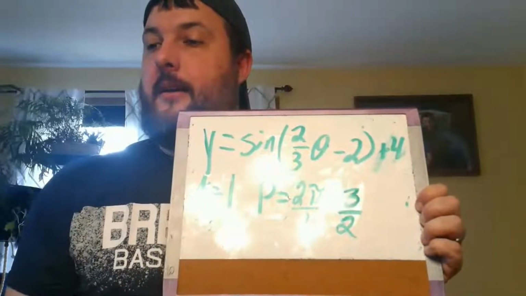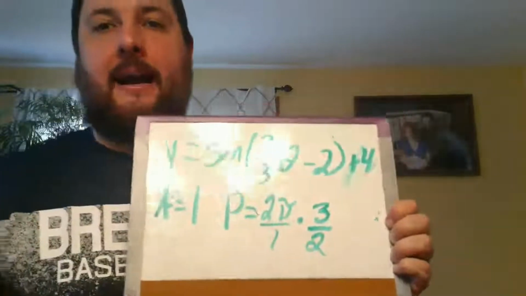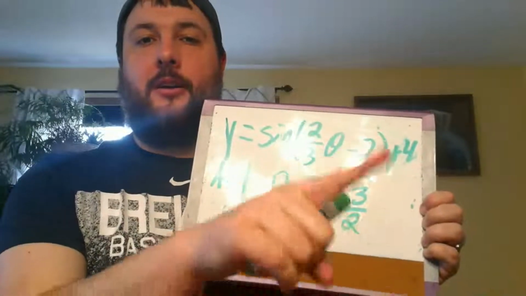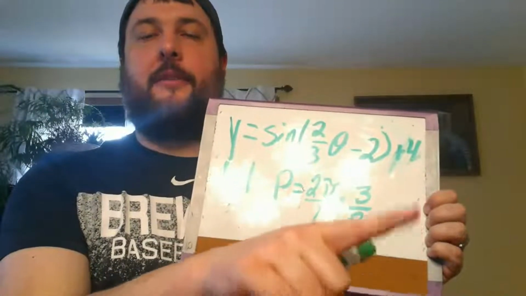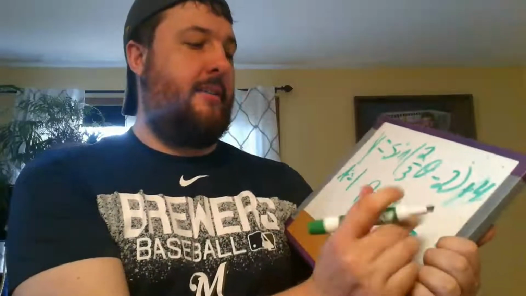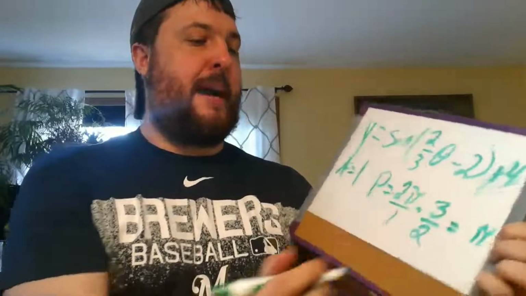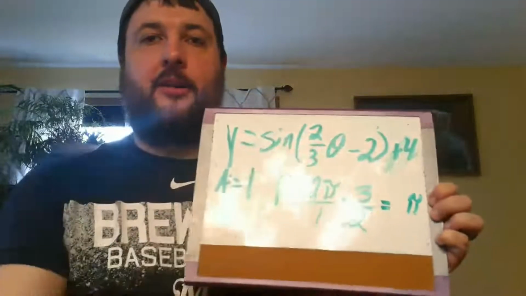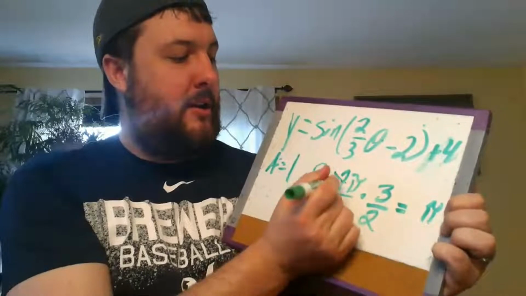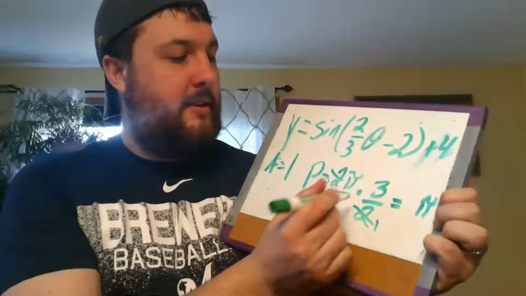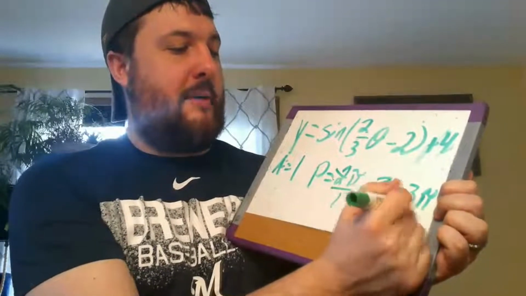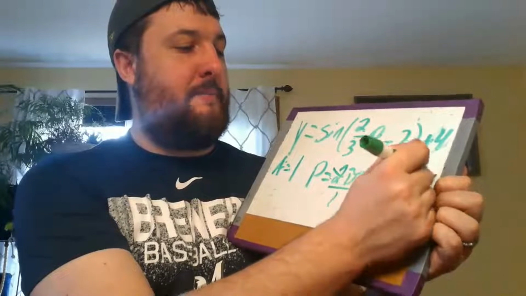Just like when you're working with pi in the first part of the review or the quiz, where you're evaluating different radians at different angles, the pi just kind of comes along, right? You just bring it along with the work. But really, I'm just doing 2 over 1 times 3 over 2. Those 2's cancel, right? I'm just left with pi times 3, or 3 pi, and then 1 times 1 is 1. So the period there will be 3 pi.